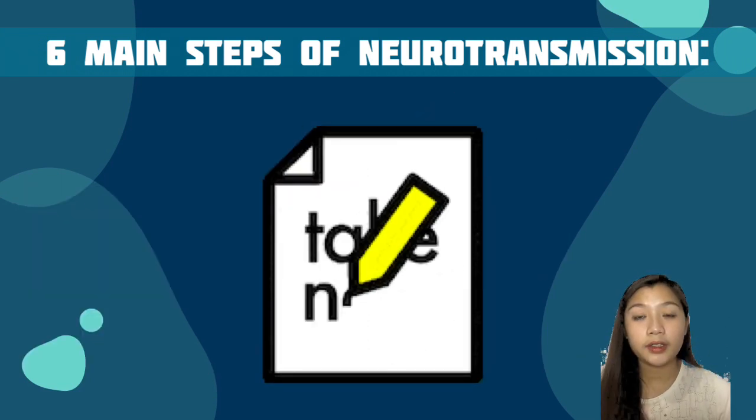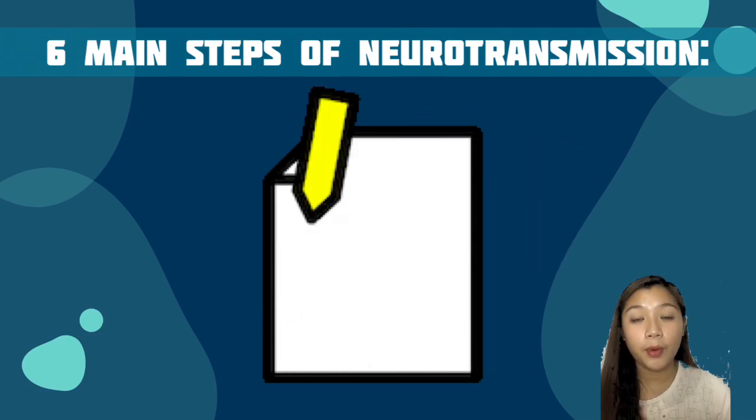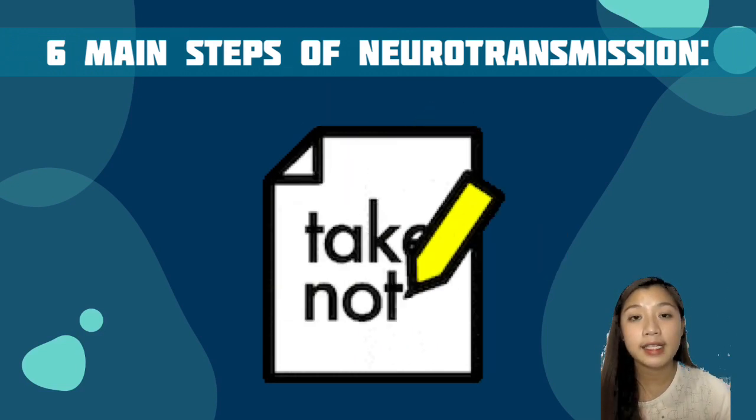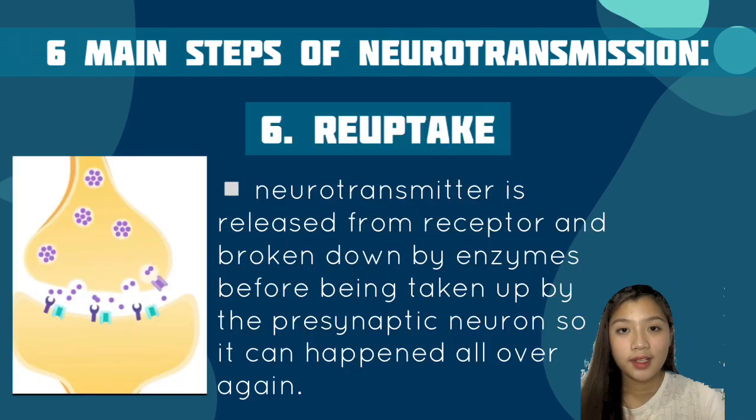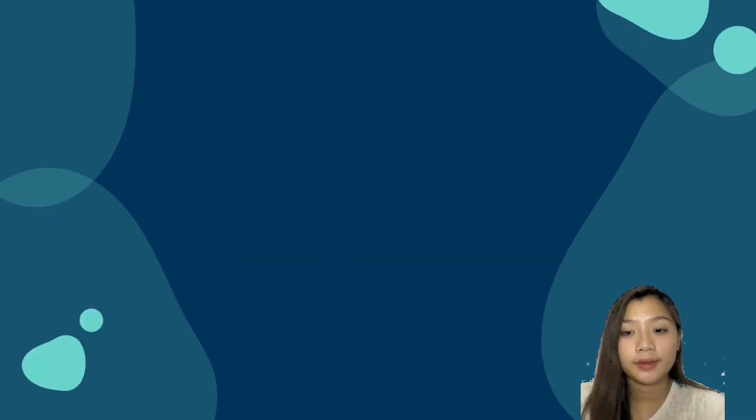For the last part of synaptic transmission, just take note that this happens after the postsynaptic neuron has been stimulated. The last one is reuptake, in which the neurotransmitter is released from the receptor and broken down by enzymes before being taken up by the presynaptic neuron, so it can happen all over again.